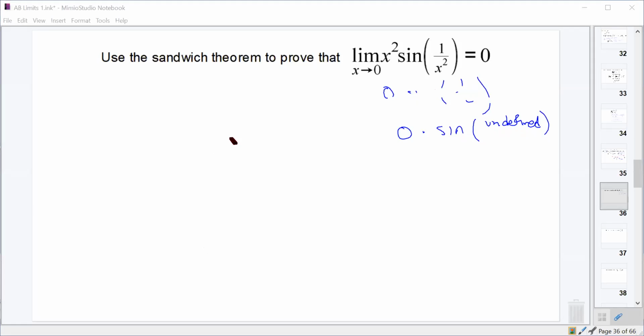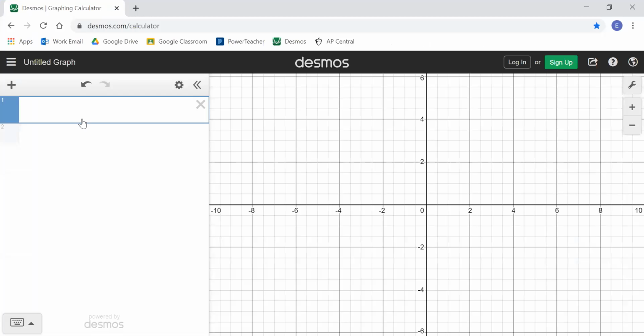So that's not going to quite cut it. We're going to have to do something else. Any thoughts on what we should do? Great idea. Let's look at the graph on Desmos.